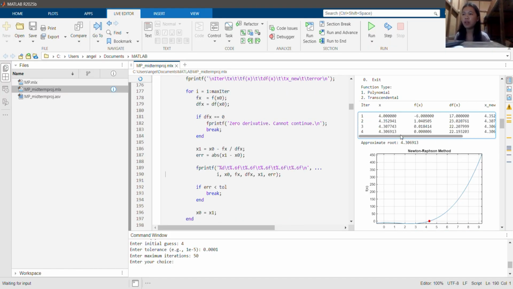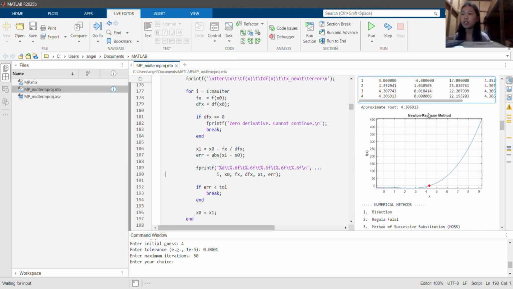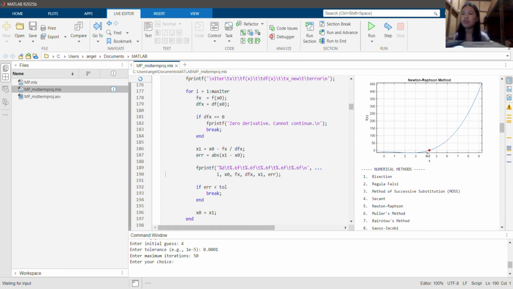So based on the iteration table, iteration stops at 4, and our approximate root is 4.306913. Below it is our graph for the Newton-Raphson method.